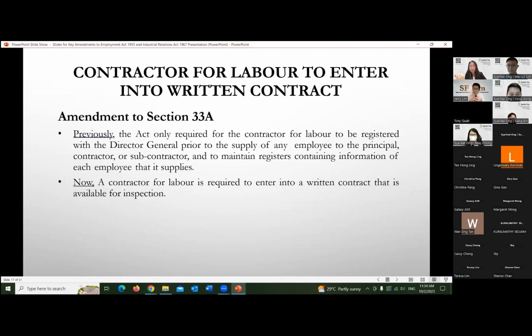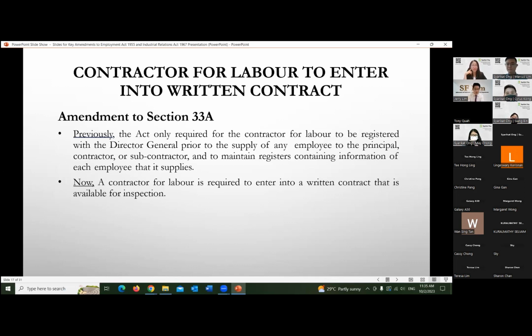The new amendment says that a contractor for labor is required to enter into a written contract that is available for inspection. But the law does not specify what to include in the written contract, so the law is unclear on this.